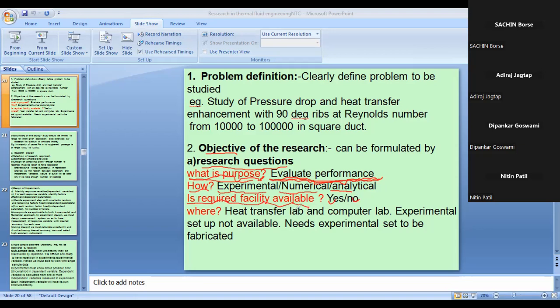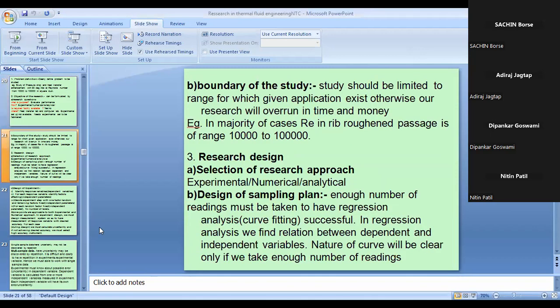If it is yes, then we have to see where you will do this. We'll do this in the heat transfer lab, or in the computer lab if it is computational work. If the experimental setup is not available, we need to create the setup. So clearly, we define the objectives in terms of question and answers.